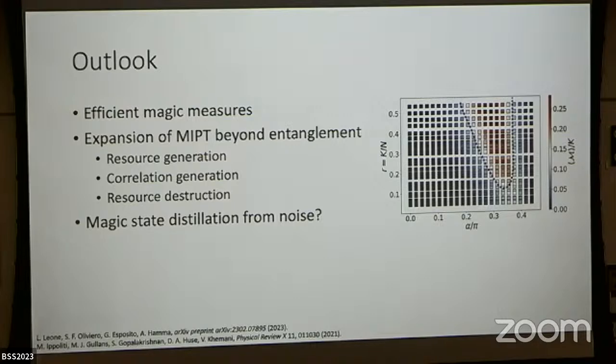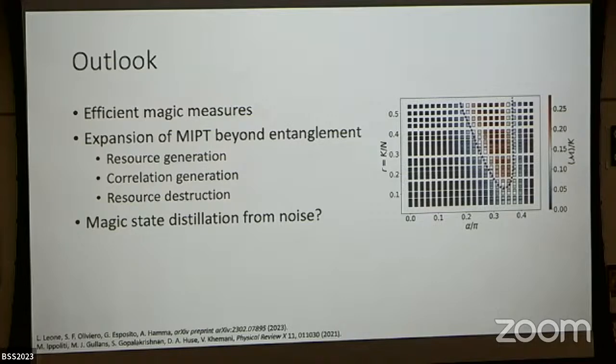And then more generally, what is exciting about this result is that we've taken this idea of a measurement-induced phase transition, which has been largely studied in the context of entanglement, where entanglement is a resource for quantum computation, and we've shown that there's a phase transition in another resource.